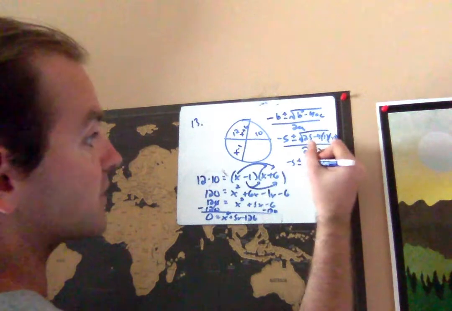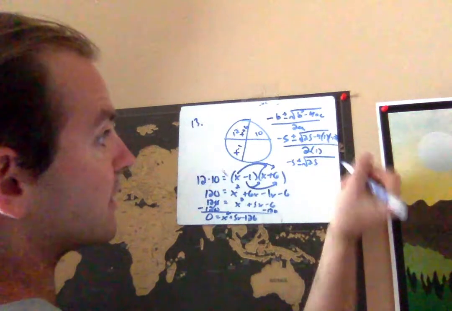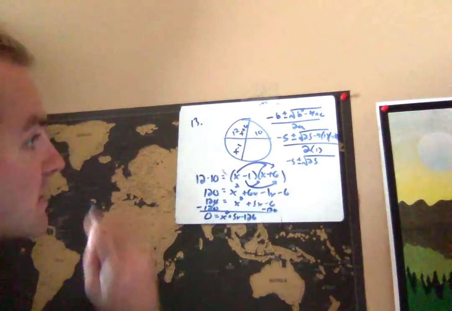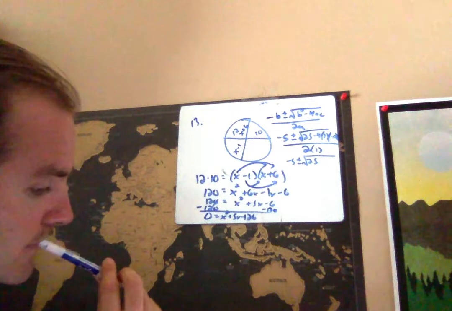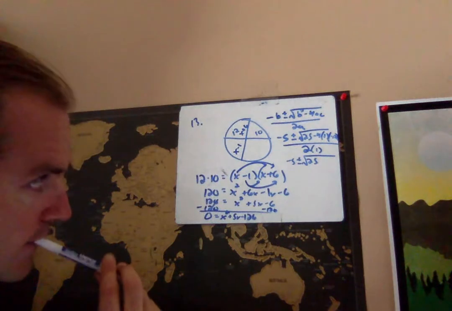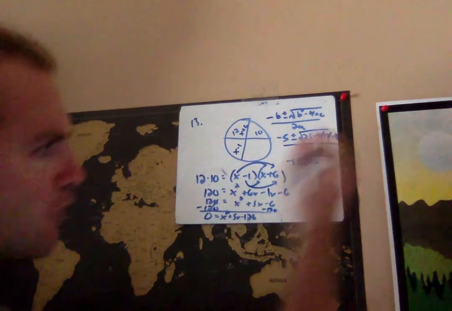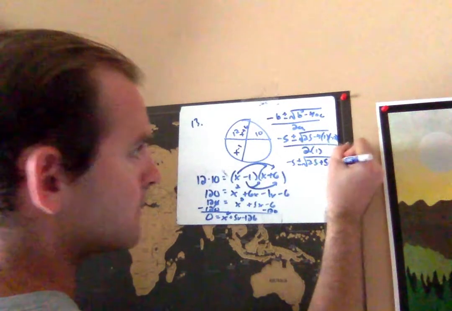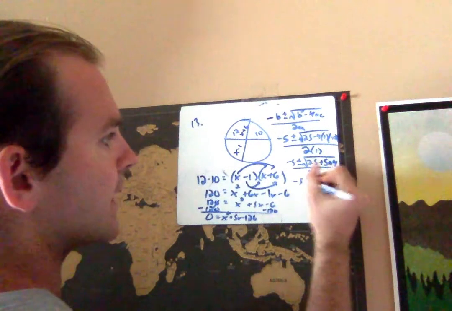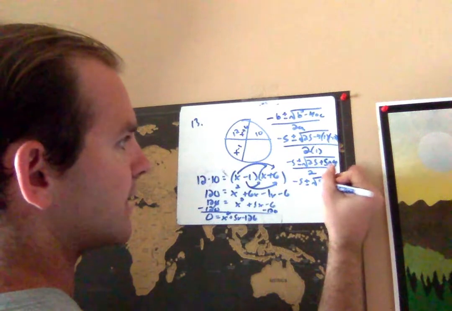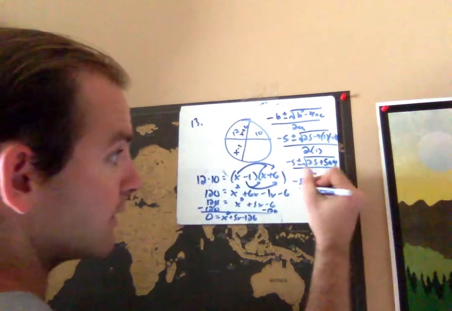So negative 5 plus or minus the square root of 25 plus 4 times 126, let's see, that would be 504, I think, all over 2. Negative 5 plus or minus the square root of 529, all over 2.